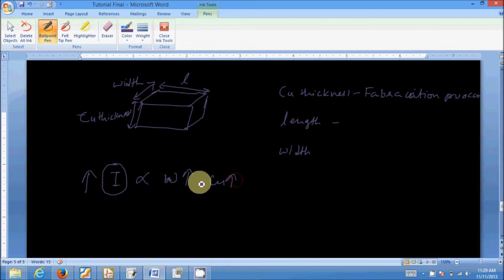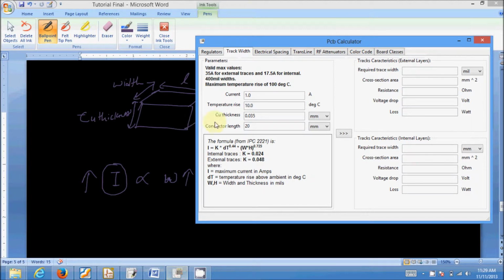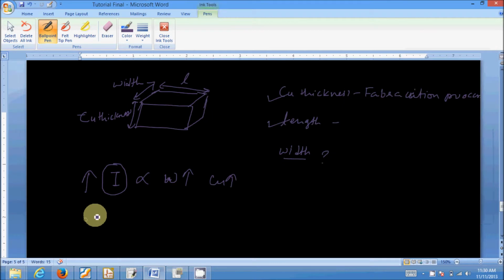And as I said before, copper thickness is determined by the fabrication process. Now length depends on placement of the components, and width is a factor that we are trying to find out. Now if you look at the calculator here, these are kept at the default values, which is a fair approximation for our project as well. The current usually is about 500 milliamperes for such a design.